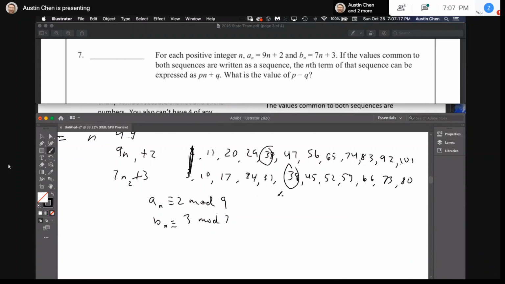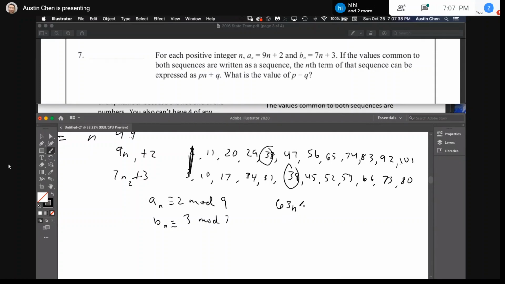So then your new sequence's numbers have to be 63 apart, which means that P has to be equal to 63.